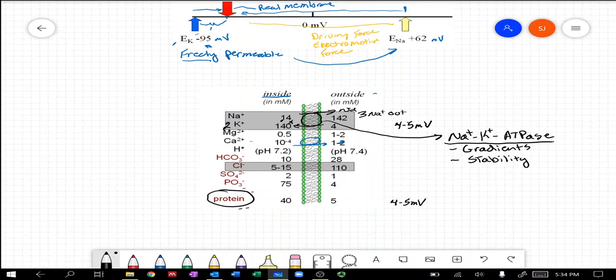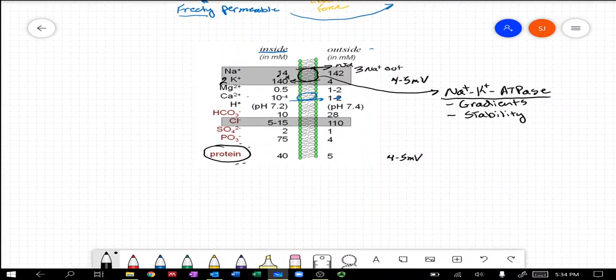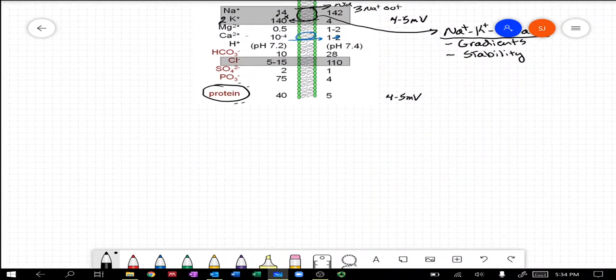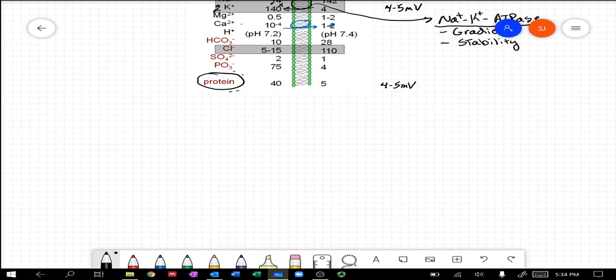So let's start thinking about a real membrane and permeability. I'm just plopping figures in as we need them here. Let's see if this works.